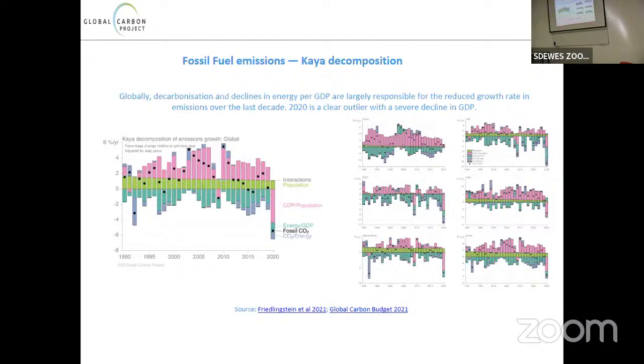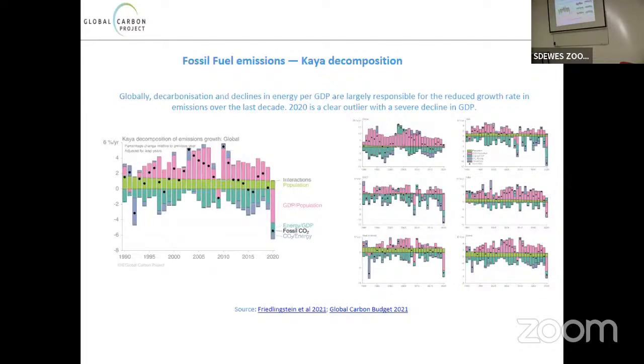Population is nearly all the time increasing the CO2 emissions, with the exception of 2008 and the pandemic. But in the other cases, it has increased the CO2 emissions.